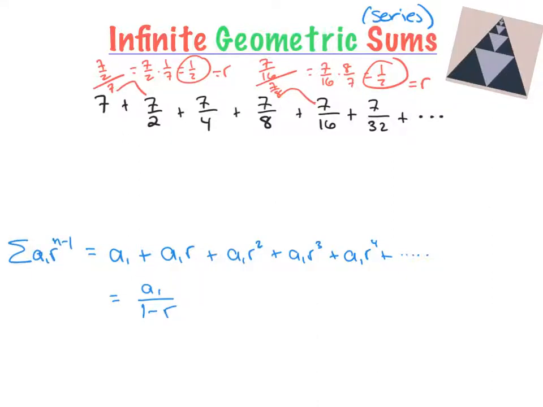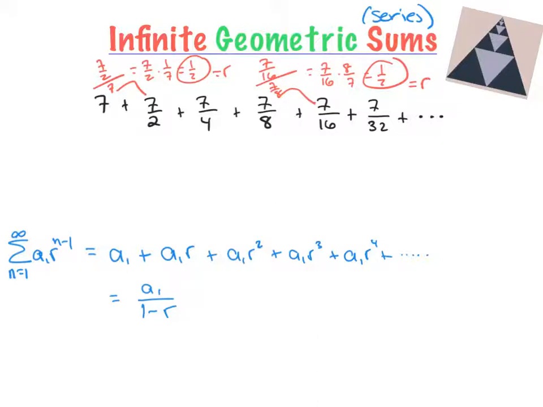If you remember in the geometric sequence video, we came up with that generalized formula for the terms of a geometric sequence. And n starts at 1, and in this case, it doesn't stop. It goes to infinity. So these are two different ways of writing the same thing. And the formula is just the first term over 1 minus the common ratio.